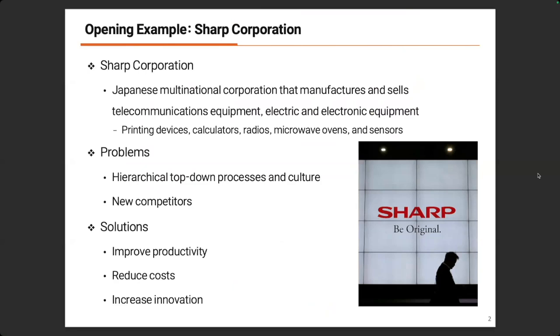Sharp introduced an information system where employees and managers could share ideas and opinions freely. This company selected Microsoft Yammer as its main information technology to solve its business problems.